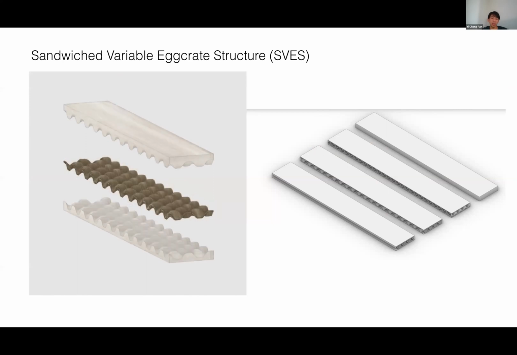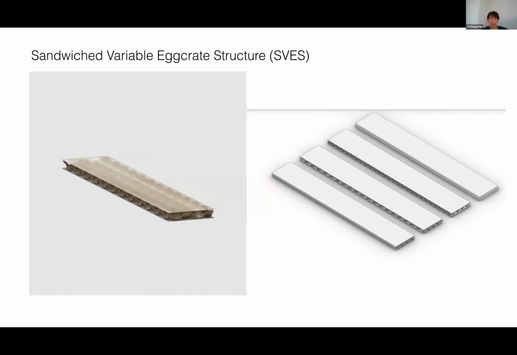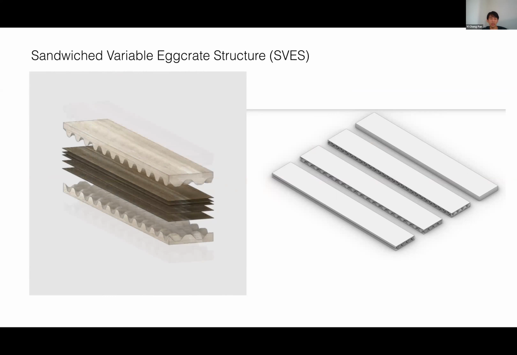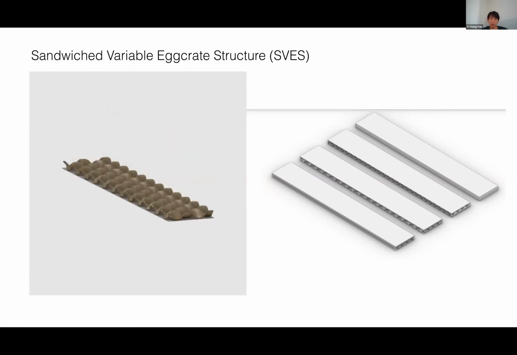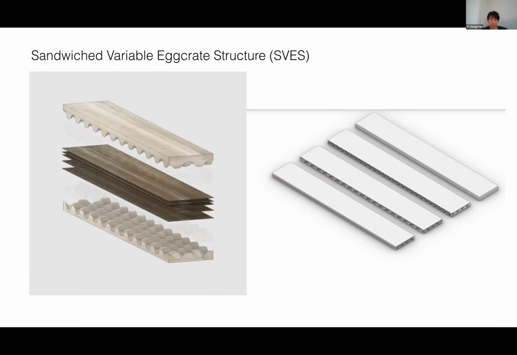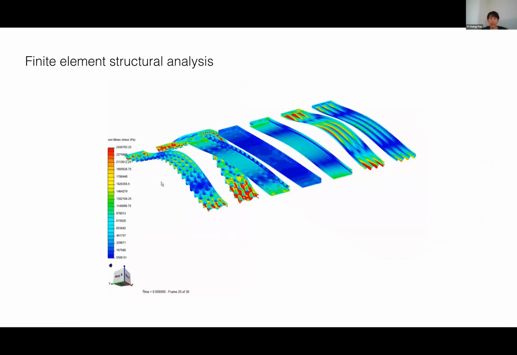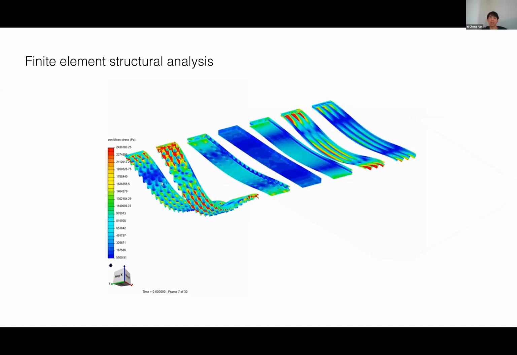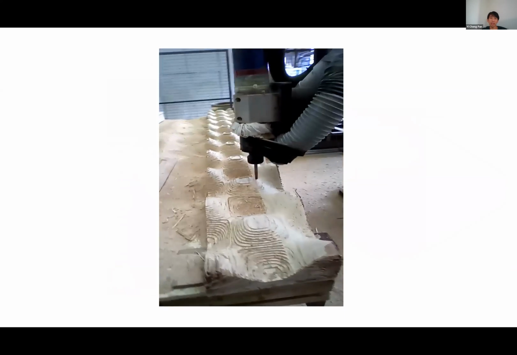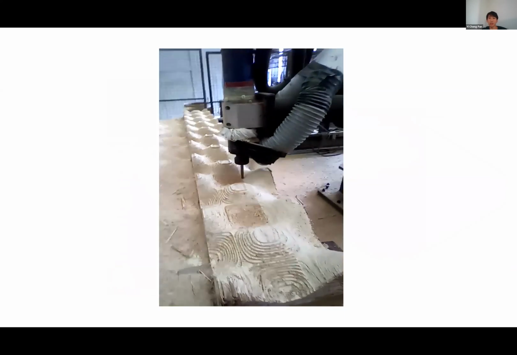So the standard panels consist of a kind of egg crate structure in the middle, sandwiched by two pieces of reconstituted timber sheets. And it basically forms this lightweight structure that we believe can be equivalent in strength.